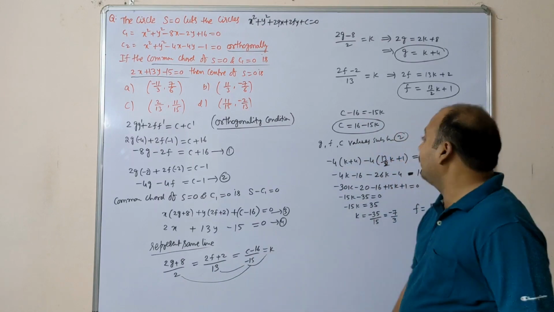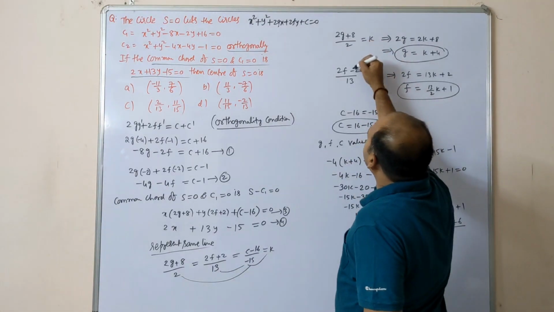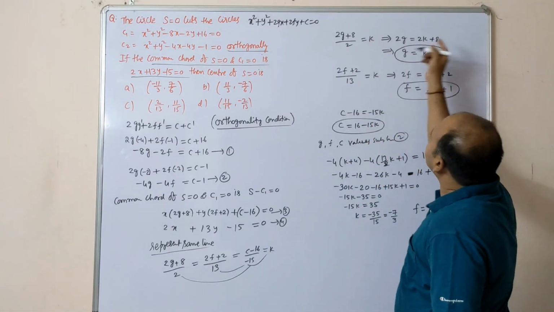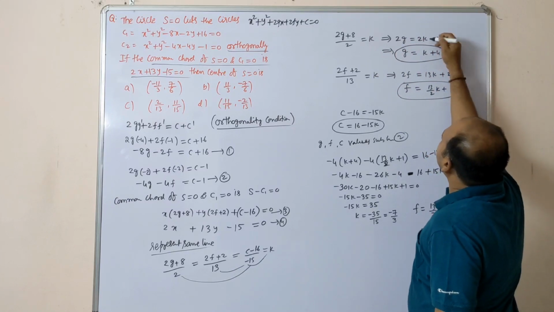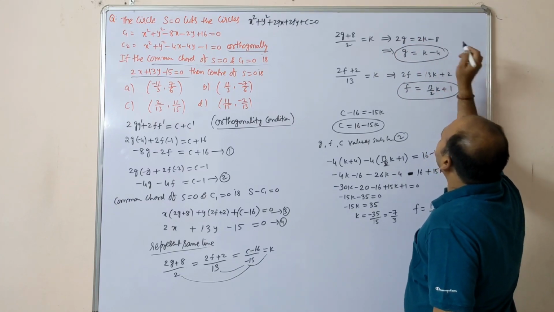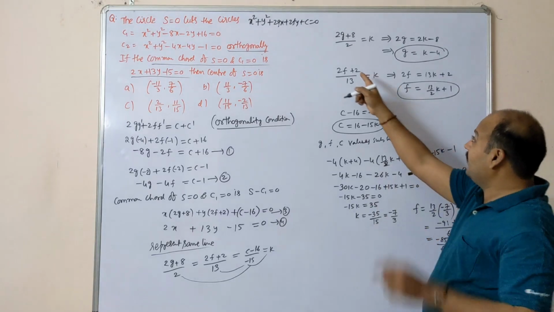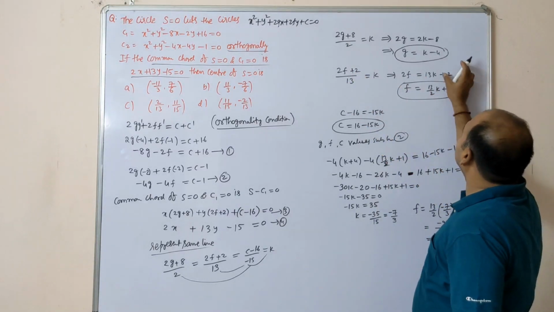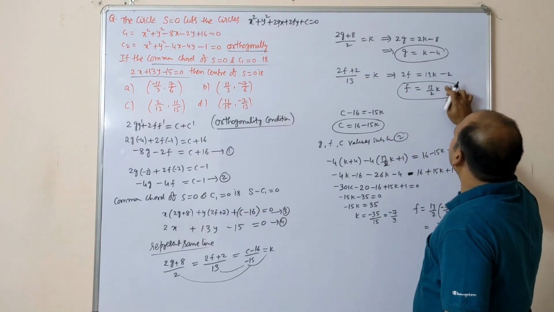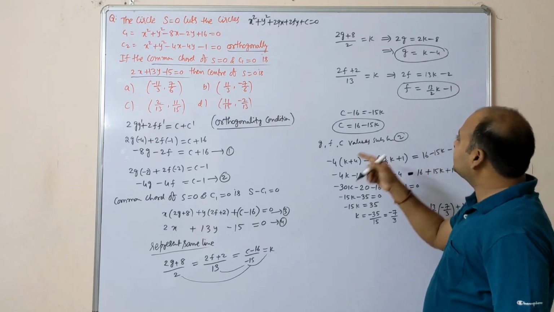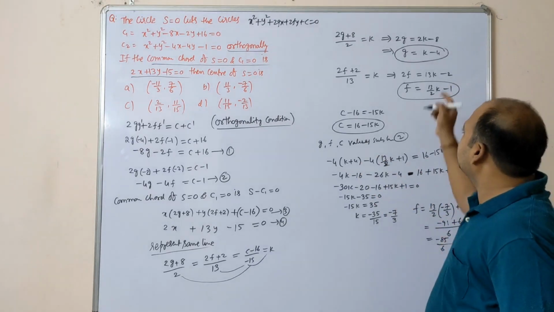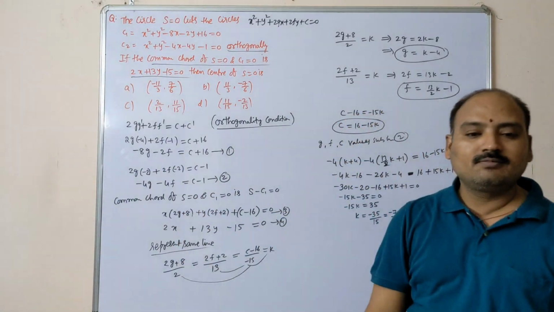Here it will become plus, here it will become plus. From this it changes: 2k minus 8 will come. Even here also minus. Even here it is plus, means 13k minus 2 will come, so it is minus 1. Based on these values it will change.